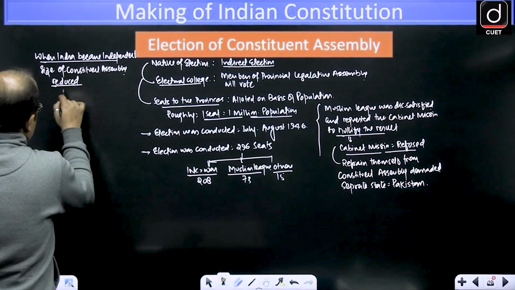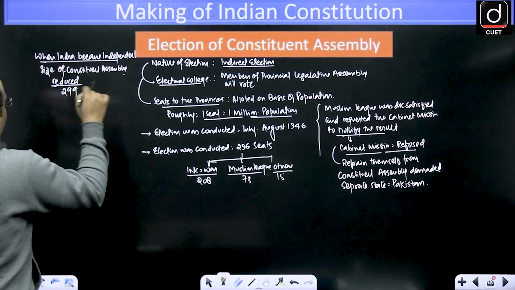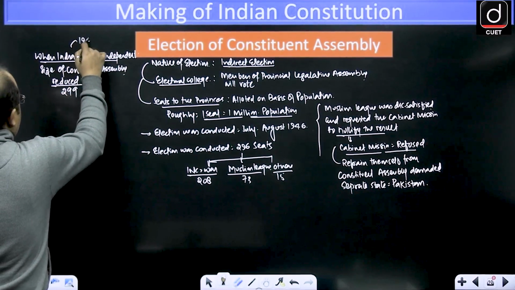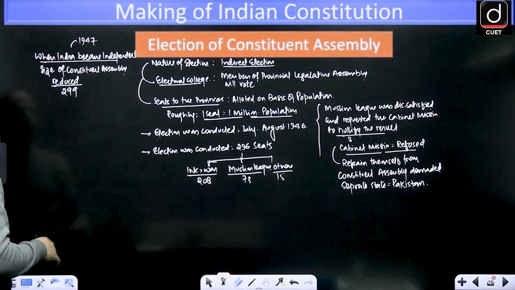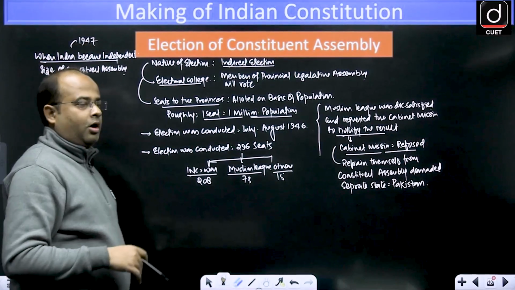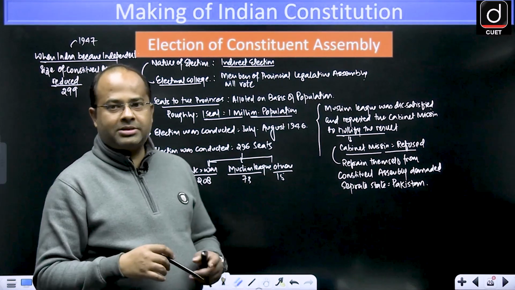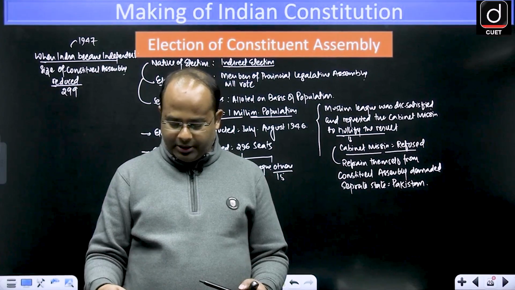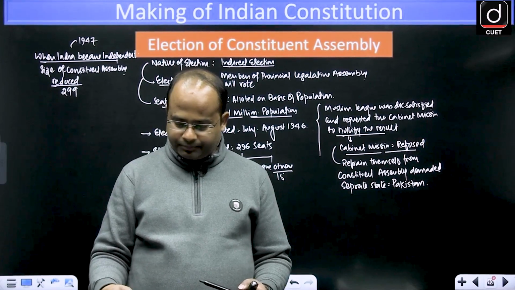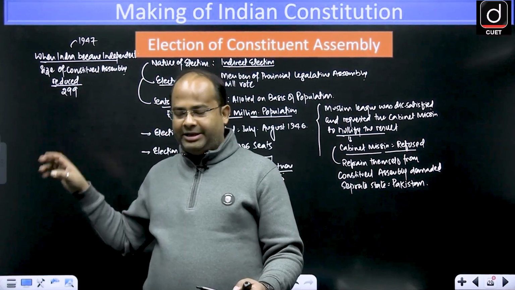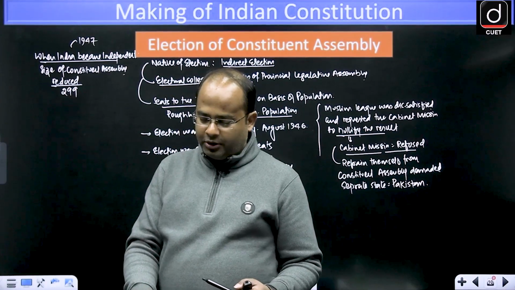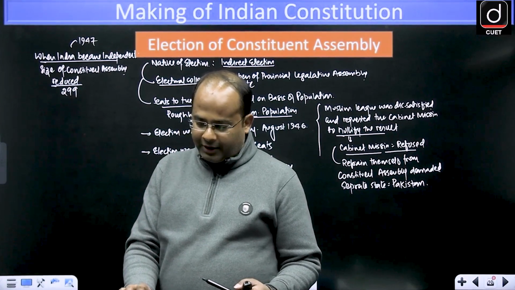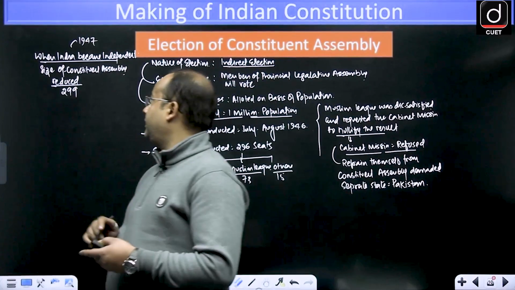Now the size became 299. After independence in 1947, because some provinces of the Constituent Assembly of undivided India went to Pakistan, definitely the seats reduced. The number of seats in the Constituent Assembly of India created after independence was 299.